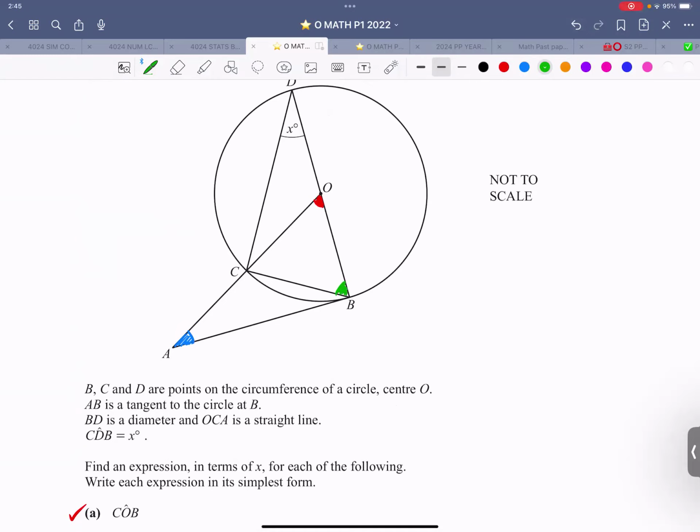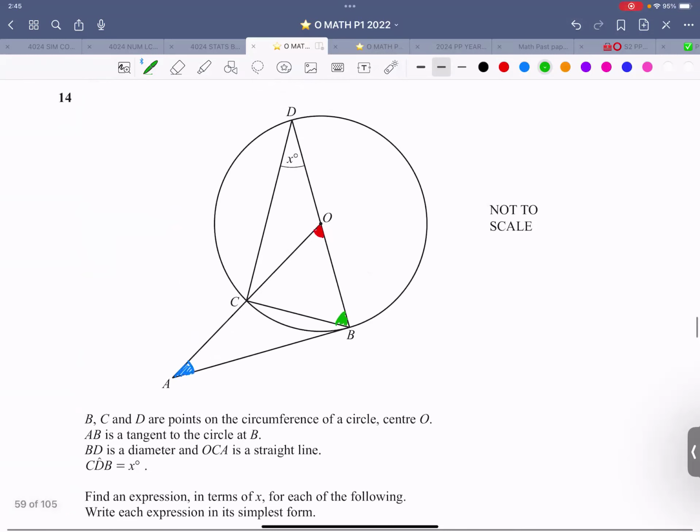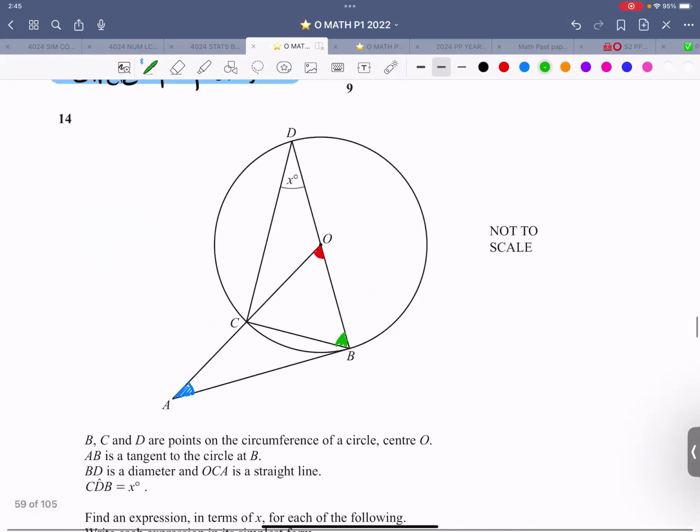Now let's find out each one of them. First of all, let me label some lines. This is the diameter. Diameter makes an angle of 90 degrees at the circumference, so this thing is 90 degrees. Second is the tangent.